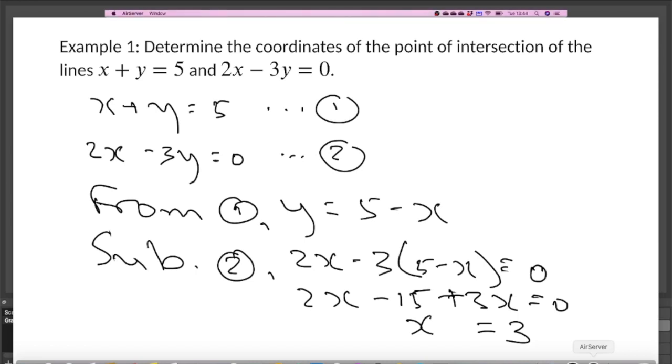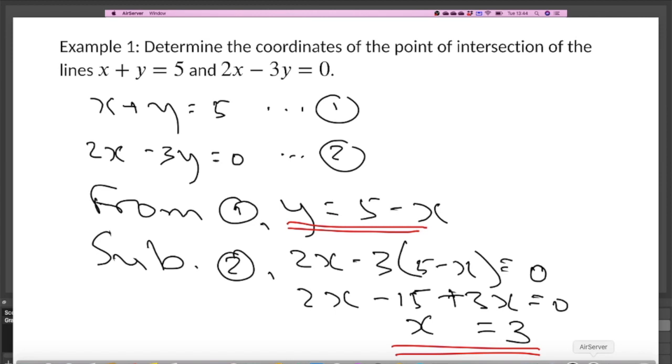The next thing we need to do now is to find the value of y using this value of x. We know that x is equal to 3, and so we can take that value of x and substitute it into either equation 1 or equation 2. I will substitute this one into equation 1, but I will take it from here because this is the same as equation 1.